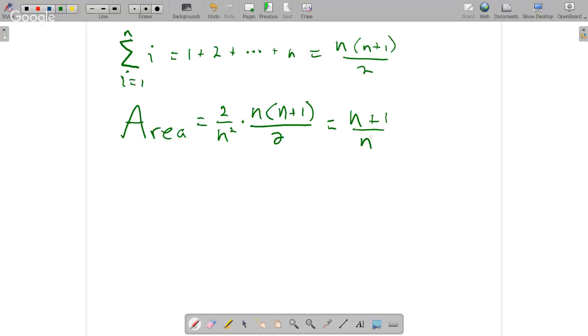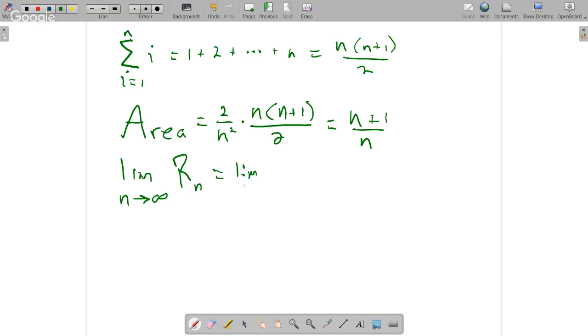Now, a cool thing about being able to simplify this and get rid of the summation and get it down to an algebraic formula like this is I can now take the limit as n goes to infinity of this right-hand sum. So we usually refer to that as r sub n.